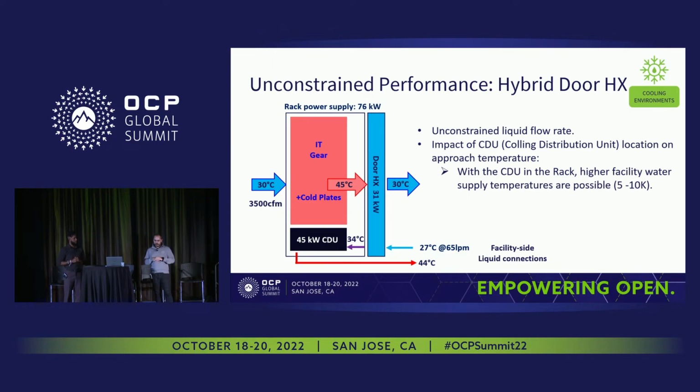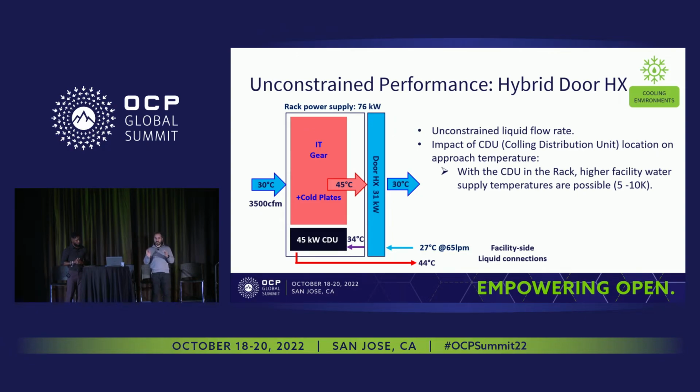The impact of the CDU in the rack will be to increase the supply temperature of the water. Because the main thinking here is we will increase the supply water temperature as much as possible. And the bottleneck here is the rear door.